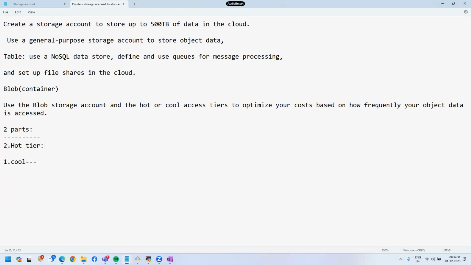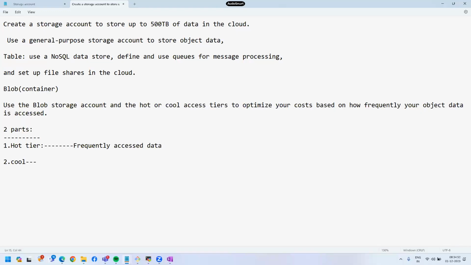Hot tier in the sense, always your data in the world is categorized into two parts nowadays. One is hot tier, the other one is cool tier. Hot tier in the sense frequently accessed data.